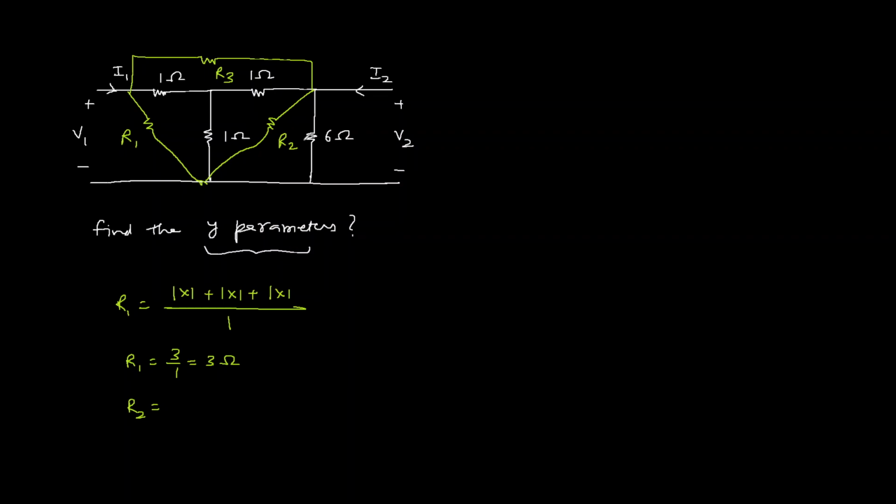Similarly, R2 is 1 into 1 plus 1 into 1 plus 1 into 1 over this one, so 3 over 1, which is 3 ohm, and R3 is 1 into 1 plus 1 into 1 plus 1 into 1 over this one. So 3 over 1 is 3 ohm.